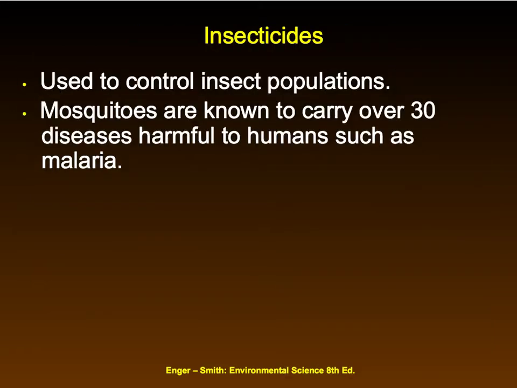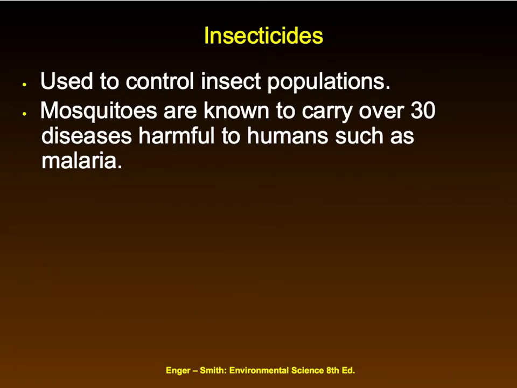As I just mentioned, insecticides are used to control insect populations. The number one insect population that a lot of farmers are concerned about is mosquitoes, and this is how DDT came to be, because mosquitoes carry over 30 diseases that are harmful to humans, including malaria. DDT was thought to be a perfect insecticide because it killed off the mosquitoes.